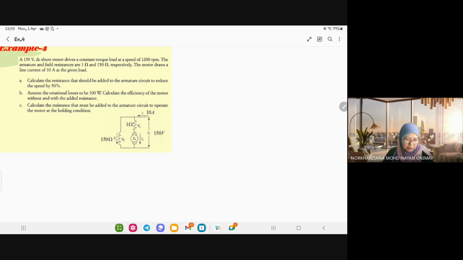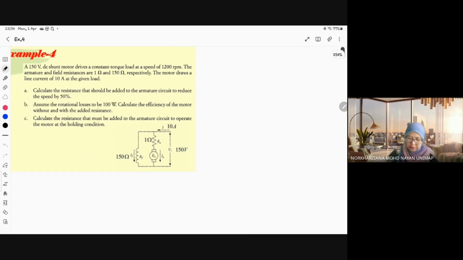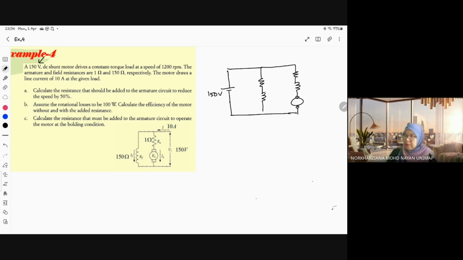The motor draws a line current of 10 ampere. I prefer to draw my own circuit. Shunt, so it is parallel between field and armature. It's 150 volt.